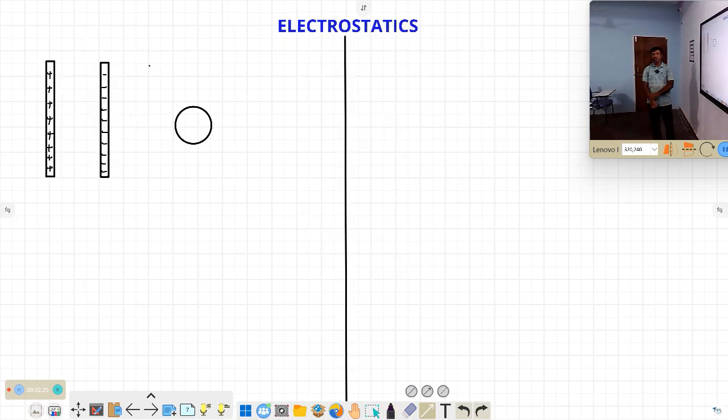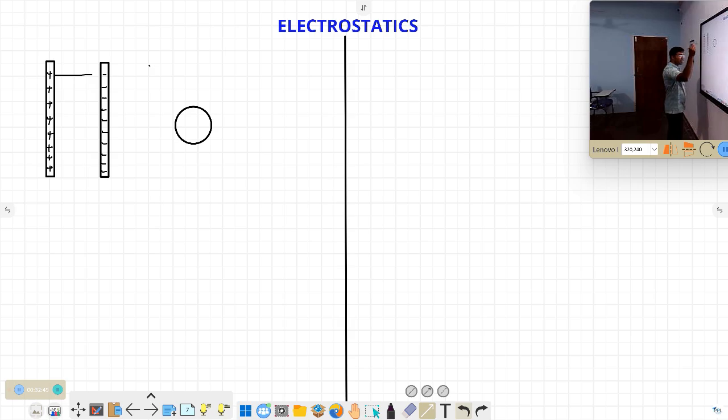Now, just before we discussed uniform electric field and non-uniform electric field, right? So here also we can have examples. I have taken two capacitor plates, which will come in current electricity. One is a positive plate, one is a negative plate. In this case, there is an electric field between these two plates, looking like this.